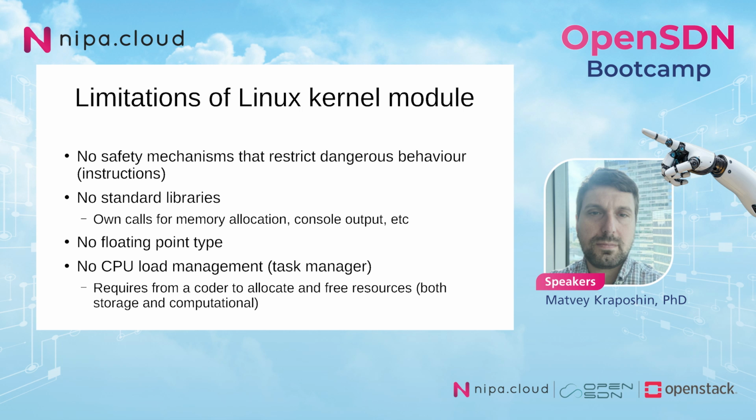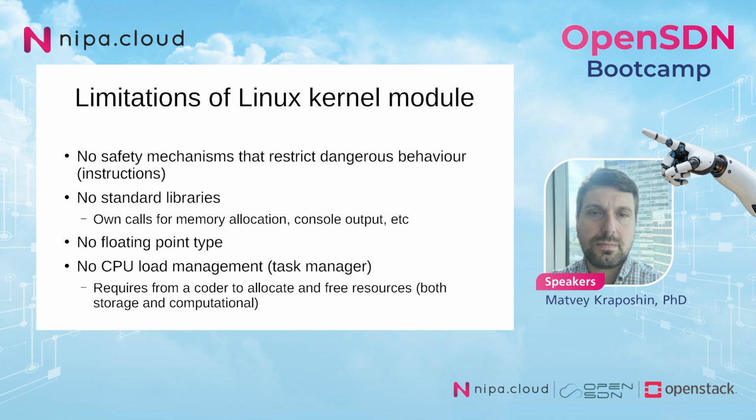But the Linux kernel module has its own drawbacks. First of all, there is a problem with performance. Throughput is several times lower. And there are no safety mechanisms which restrict dangerous behavior.